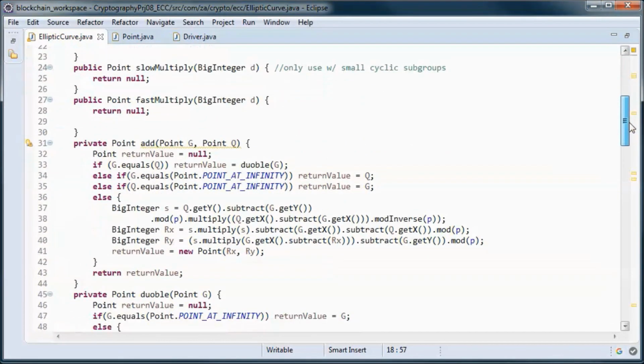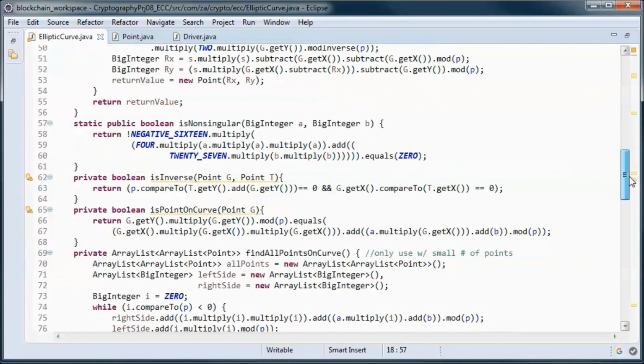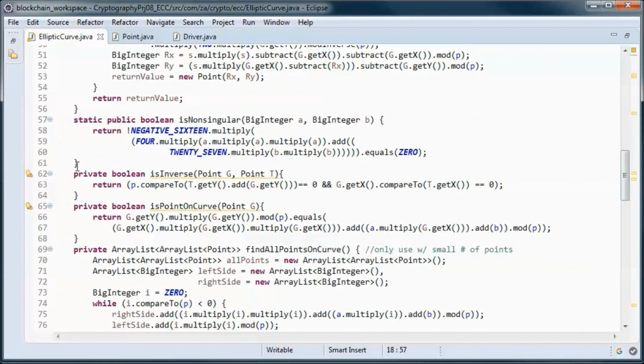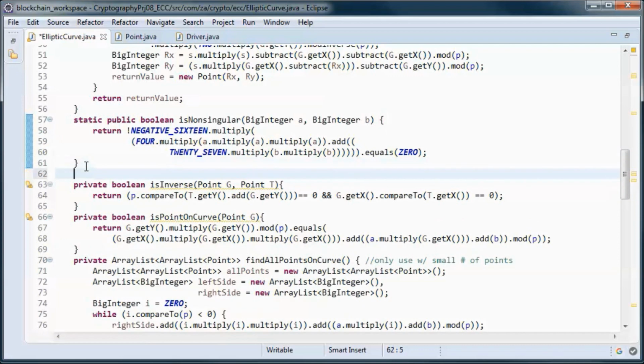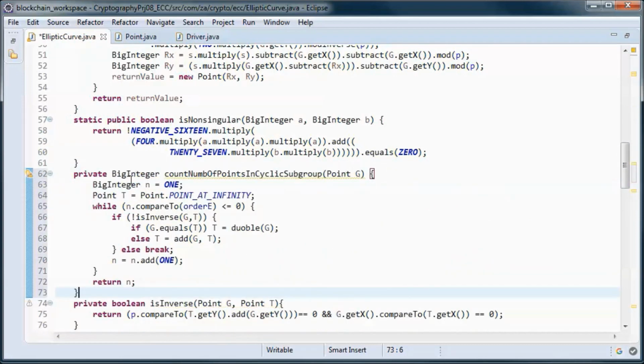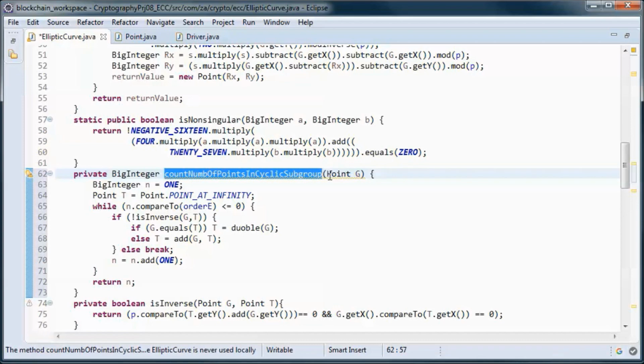And let's add this method that will give us n. So count number of points in cyclic subgroup given the generator point.